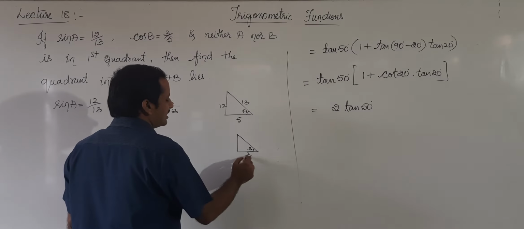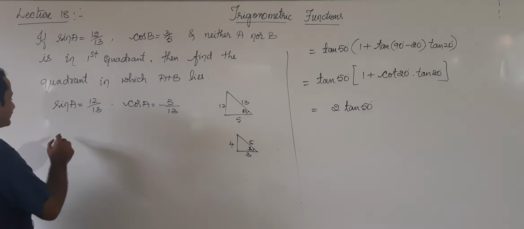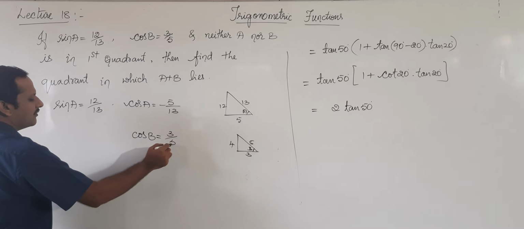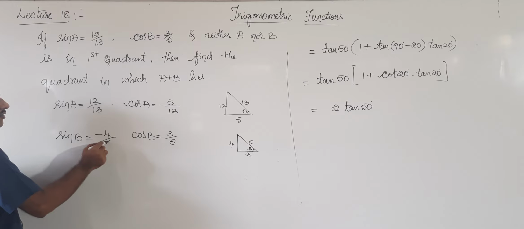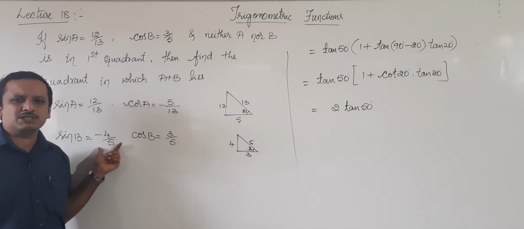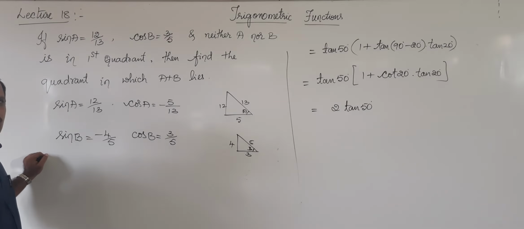So cos B, this is 3, this is 5, therefore this should be 4. Then sin B will be equal to minus 4 by 5, because B is in 4th quadrant, sin B must be negative.